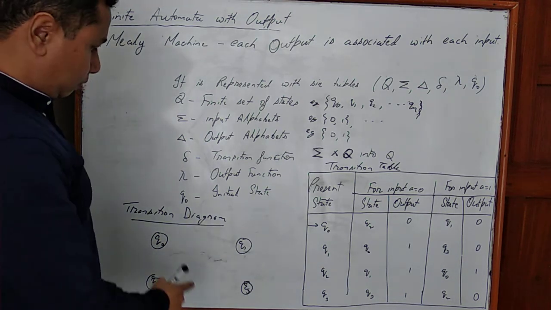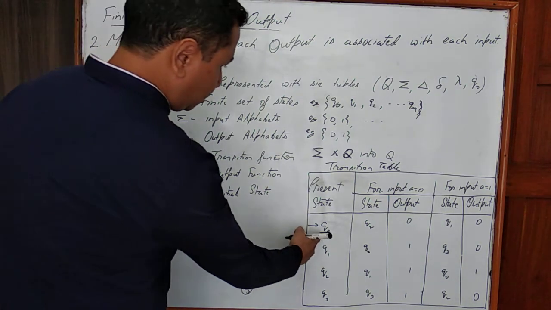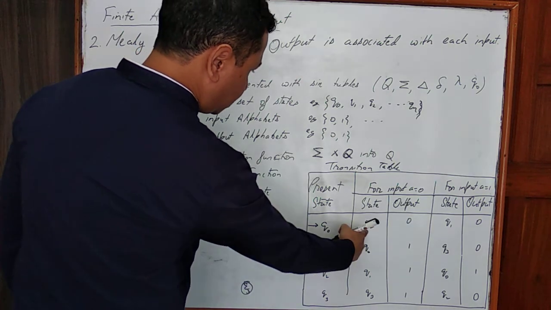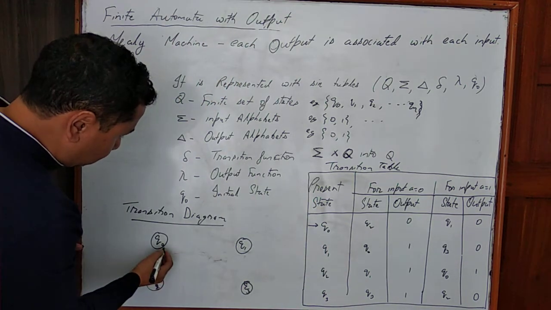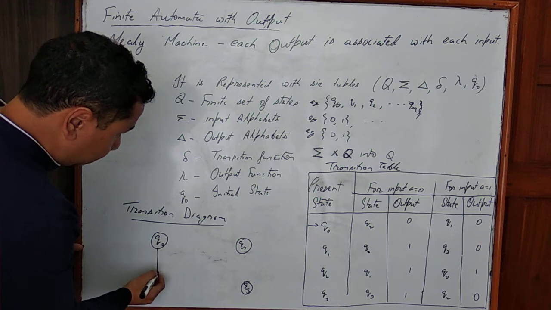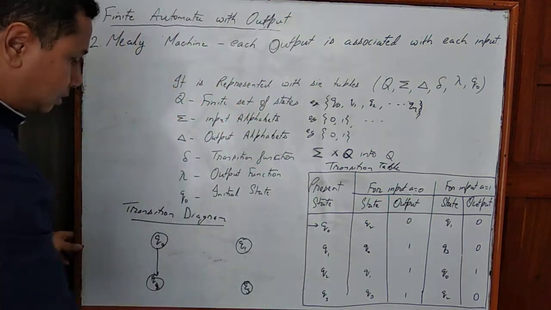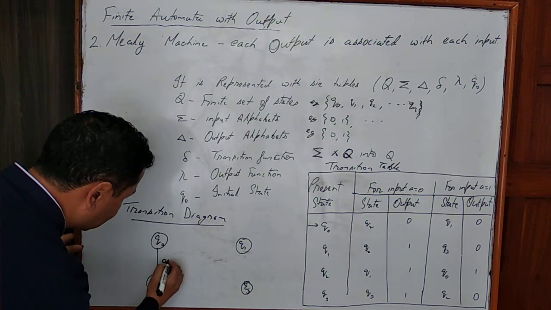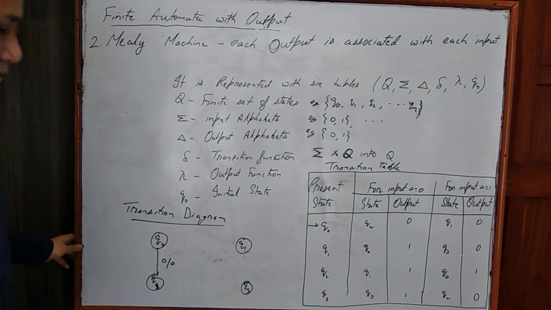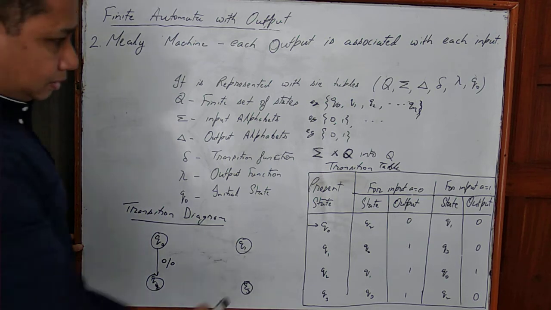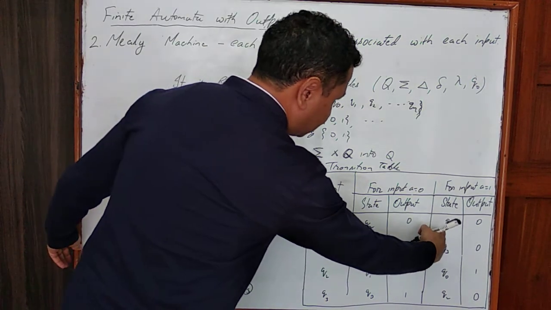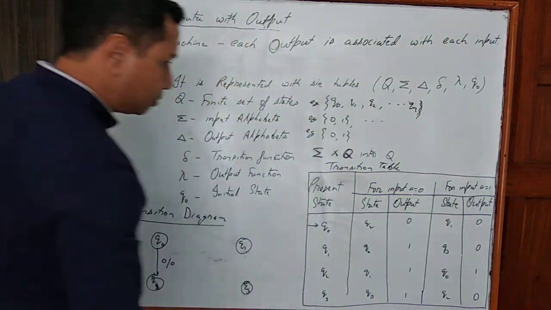So here what we have is q0, it goes to q2. If your input is 0, your output is 0. So we can always represent it like this, 0 oblique 0. Similarly, q0 to q1 with an input of 1 gives an output of 0.